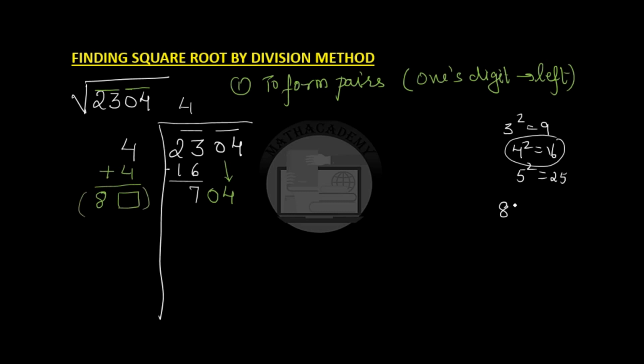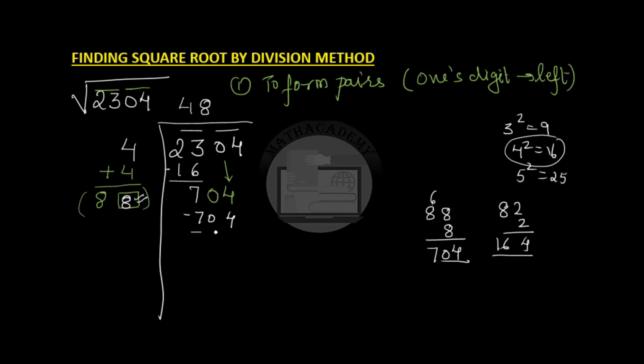So 82 2s are, we will do like this: 2 2s are 4, 8 2s are 16. It is much less. Or we can do 88 8s are. 8 8s are 64 and we get 704. So we write an 8 here. Whatever has to be written here, the same thing is repeated here. 88 8s are 704.